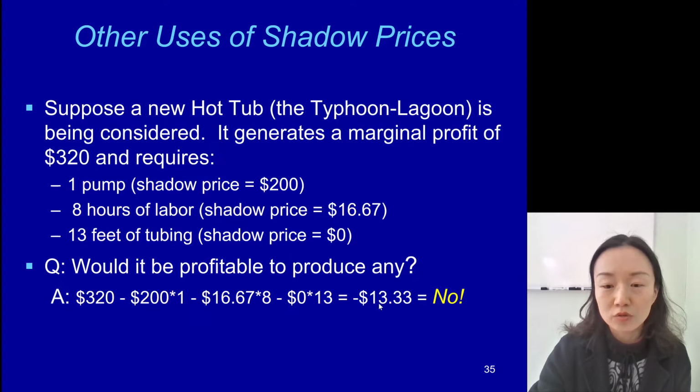So as a result, we are losing $13.33 per Typhoon Lagoon that we produce, because the total profit that we add by producing this new hot tub is not enough to cover the decrease to the total profit, because we take out those resources, and so we won't be able to produce the same amount of EcoSpots and hydroluxes, and the total profit will decrease. So we're losing money. It's not profitable to produce any of this Typhoon Lagoon.